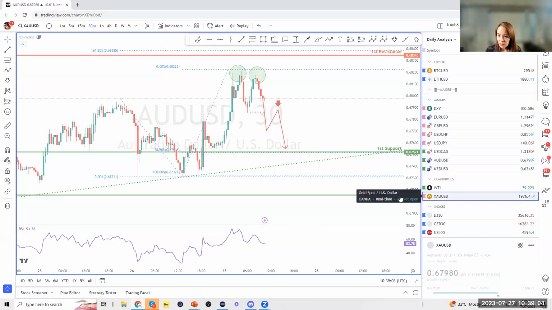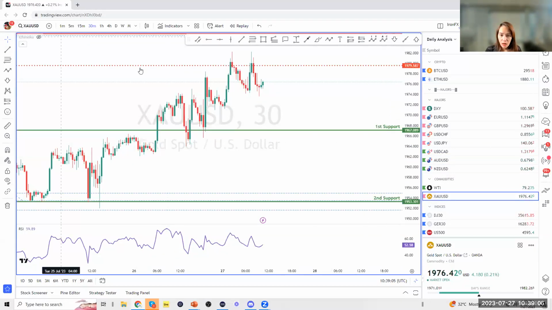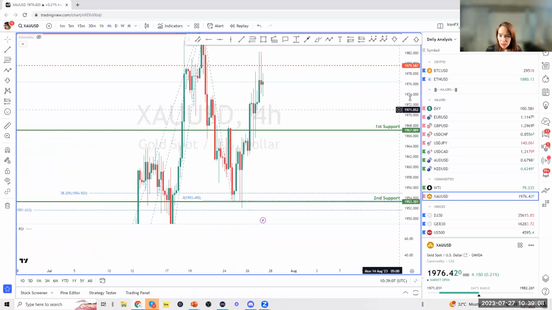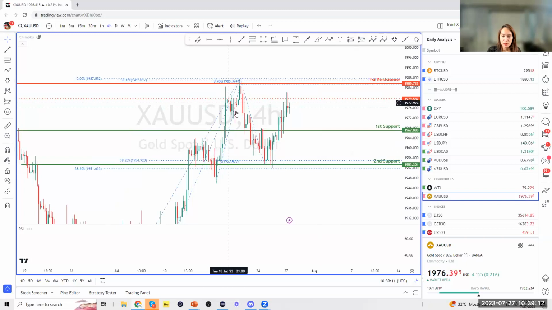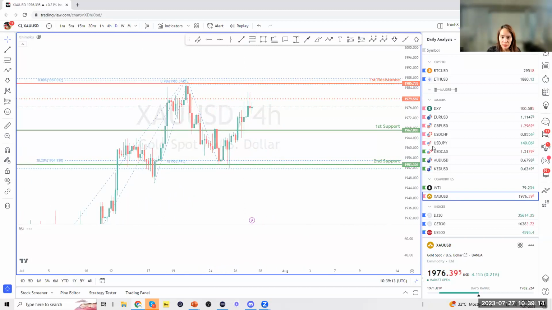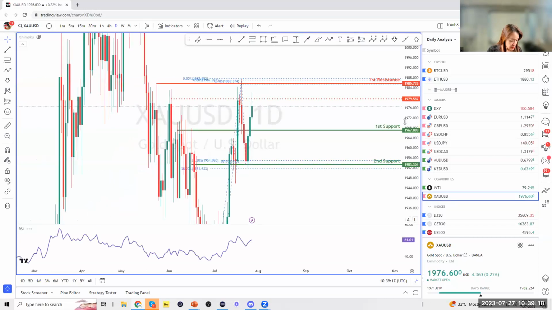Okay. Let's just look at gold. Now, what you can see here in gold in the daily time frame. Let me see the daily time frame first. Okay.